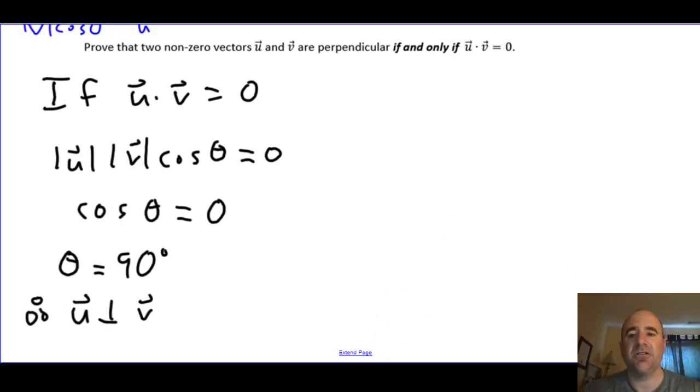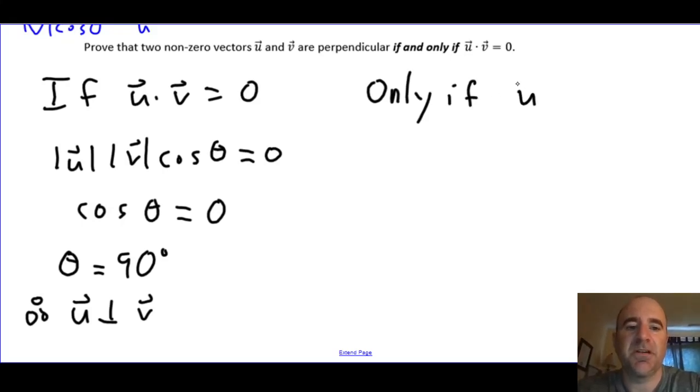The other part is the only if part. The only if part says that u is perpendicular to v, and we must now prove that the dot product is equal to 0.